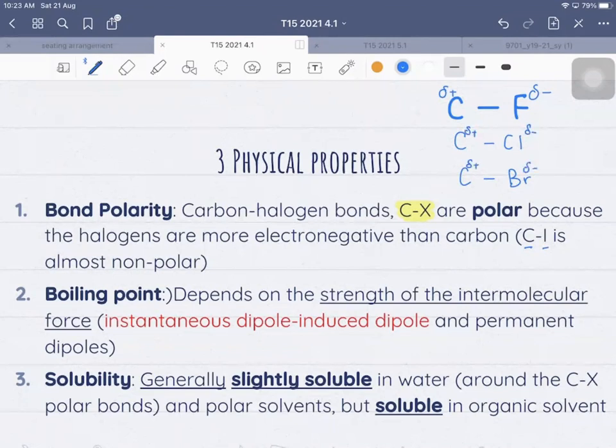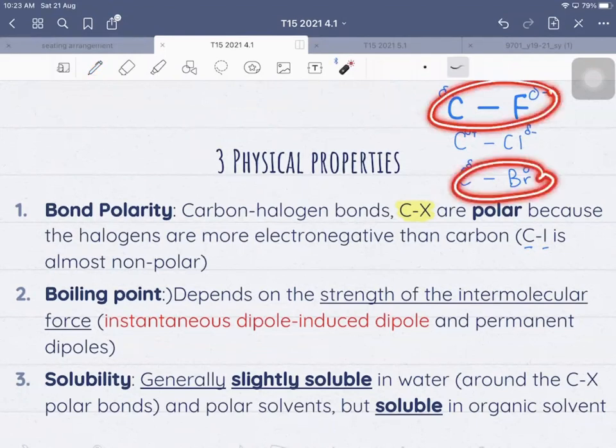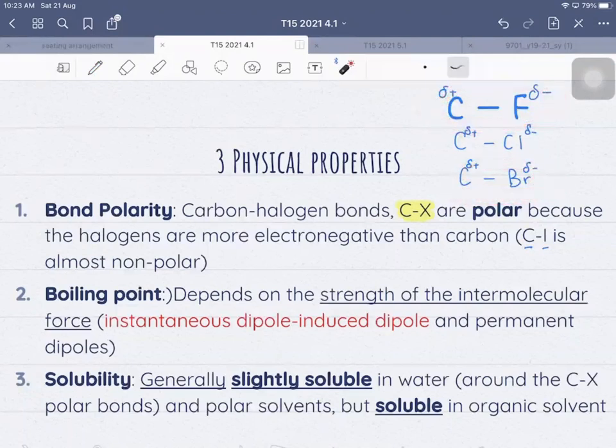But if you compare carbon-fluorine and carbon-bromine, we leave carbon-iodine out of this because we say that it is almost nonpolar. The most polar bond is the carbon-fluorine. Polarity is usually based on the difference in electronegativity, not the sum of the electronegativity values.